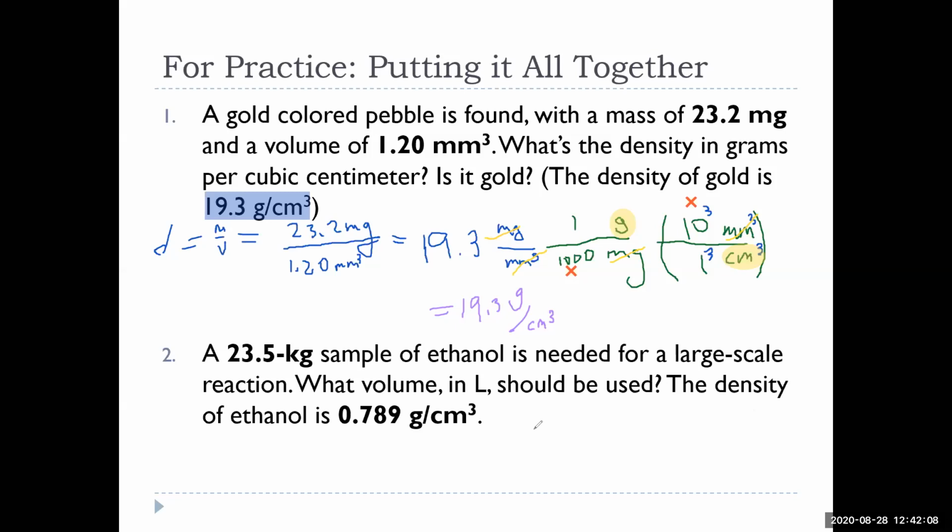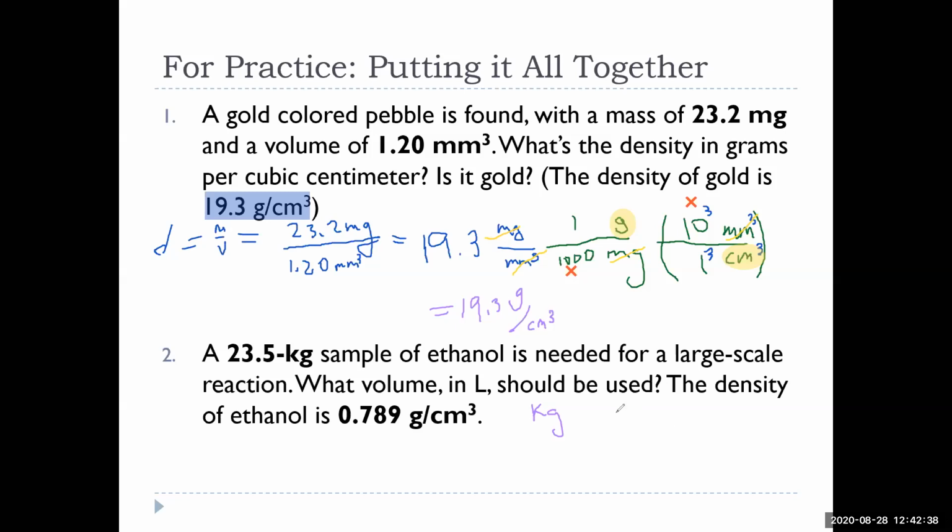All right, one more question down here. We have 23.5 kilograms of ethanol, and we want to measure the volume of this ethanol. And what we know is the density is 0.789 grams per cubic centimeter. So we can try to set up a plan here. We can start with our value in kilograms. We can use our density to go from grams to cubic centimeters.